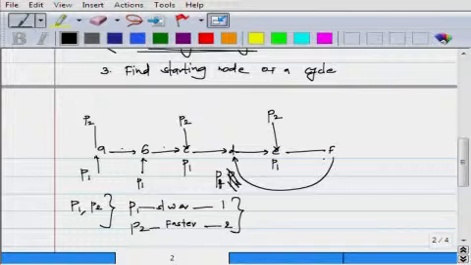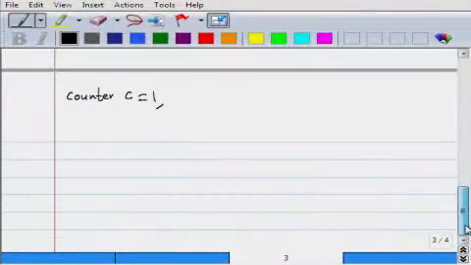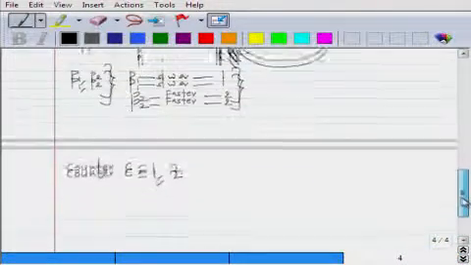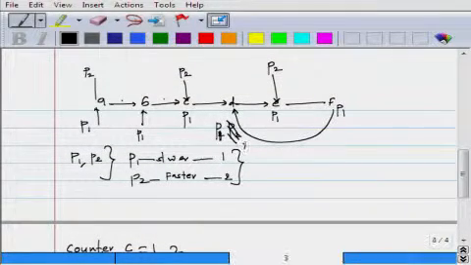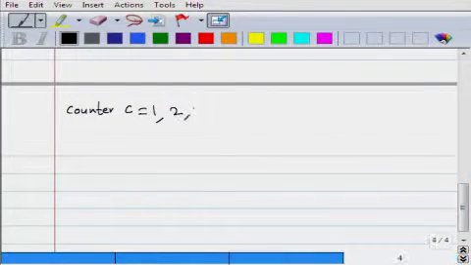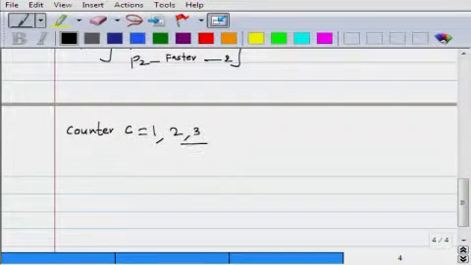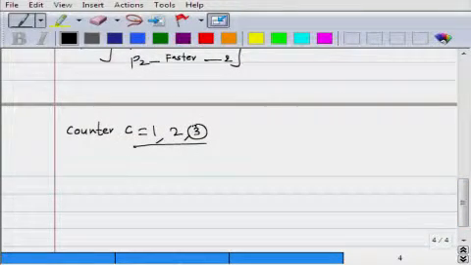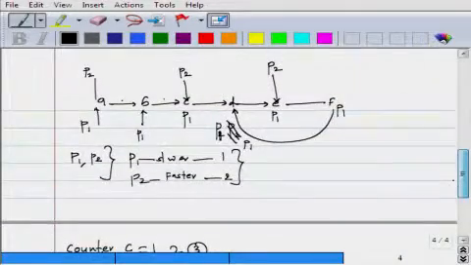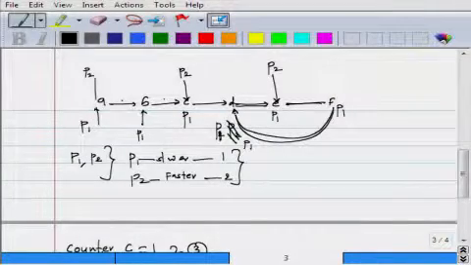Then P1 points over here and the counter becomes 2, and at last P1 goes back to D, and the counter becomes 3. So the last value of C is 3. Now we check: is the cycle length really equal to 3? 1, 2 and 3, so correctly we have identified the cycle length.